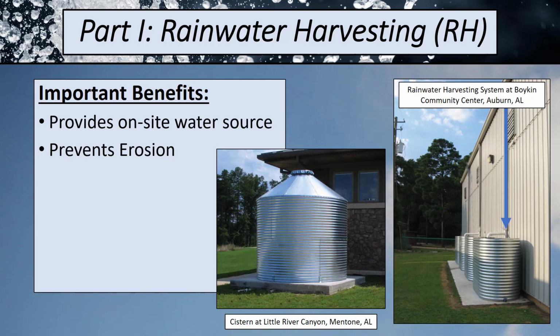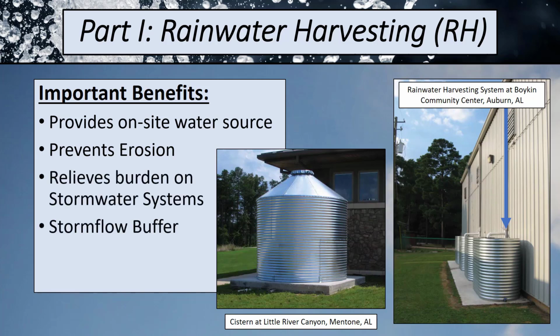As a storm event occurs, there's often a large deposition of rainwater at the beginning of the storm, which can cause heightened rates of erosional impacts on urban streams and other waterways. These impacts are especially noticeable during events of flash flooding that are increasingly common in urban environments. With the implementation of RH systems at a large scale, these storm events' impacts can be lessened in vulnerable watersheds and sites of interest.